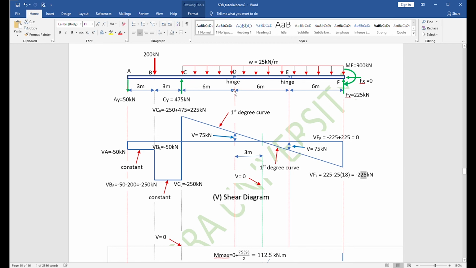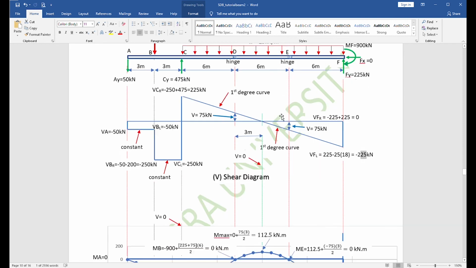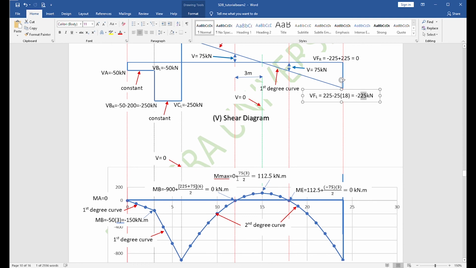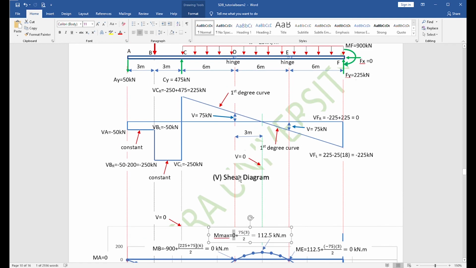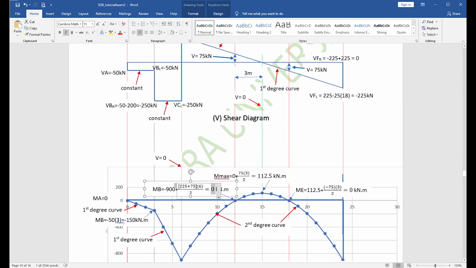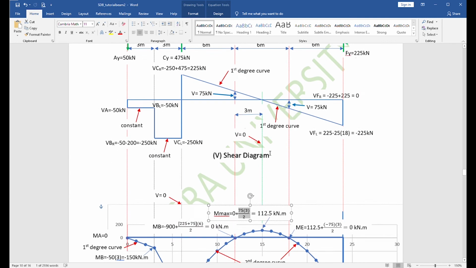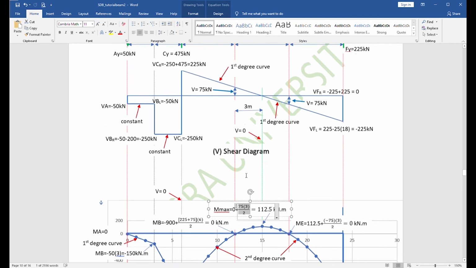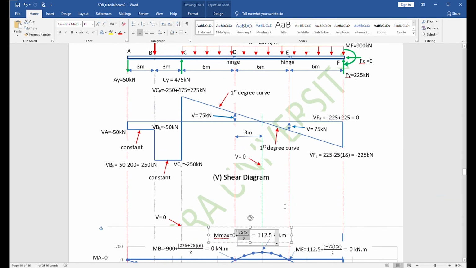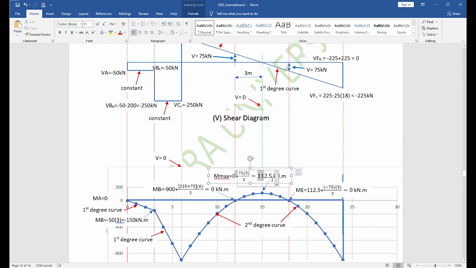So that is 3 meters to point D, 3 meters din siya sa point E. So that is equal to the moment at point D, ito yon, plus the area of the shear diagram between D and dito sa gitna na ito, no? Midway D and E. So that is equal to 75 multiplied by 3 all over 2. So that is the maximum positive moment na tinatawag natin. That is 112.5 kilonewton meter.